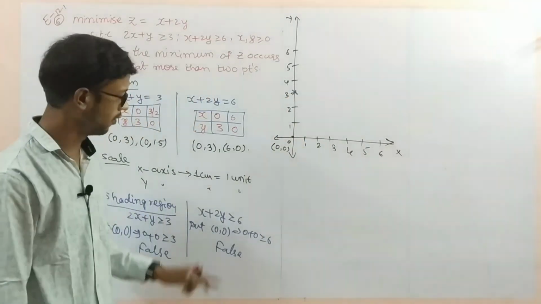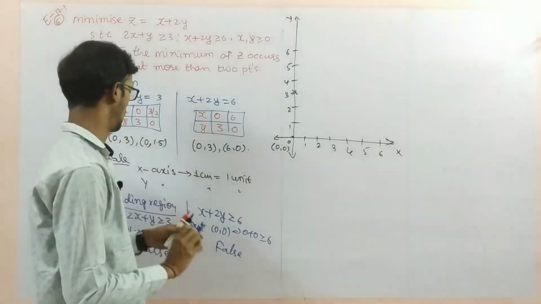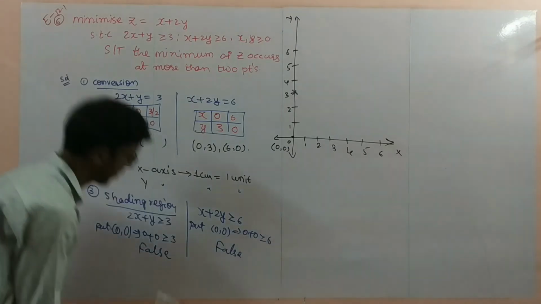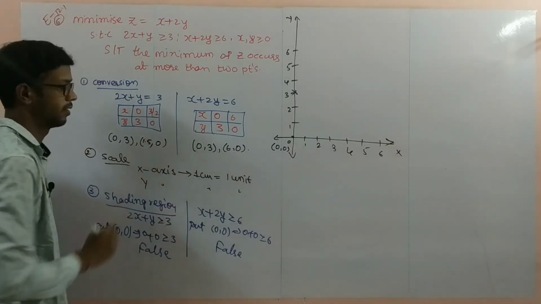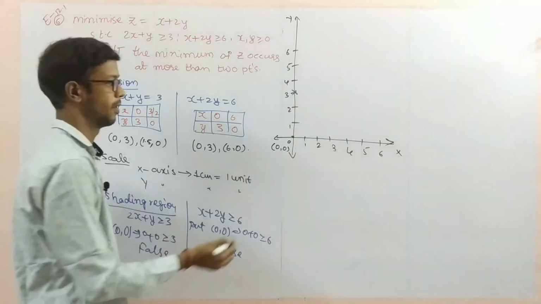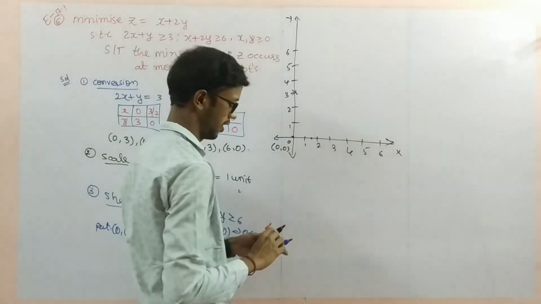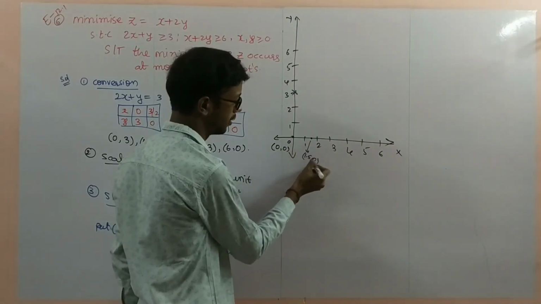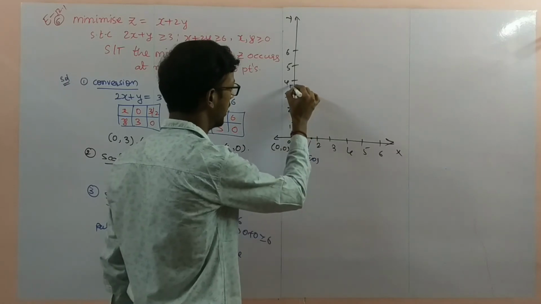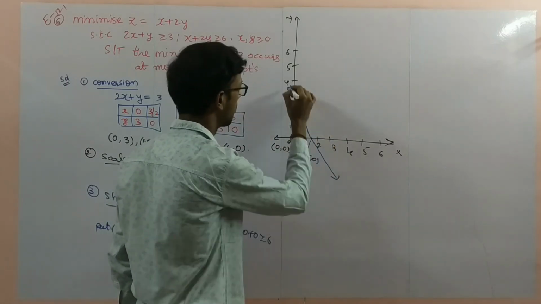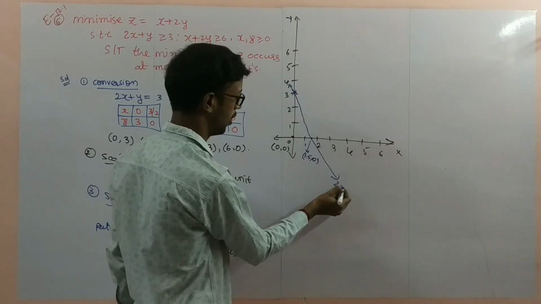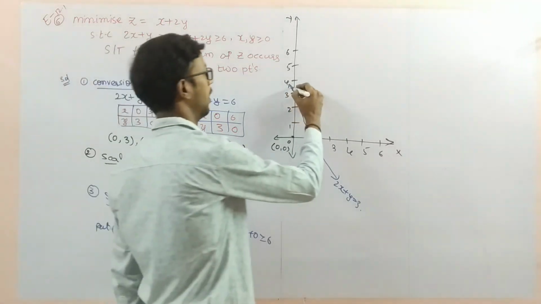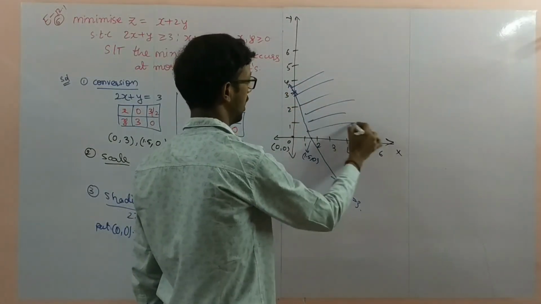Next, (1.5, 0): x is 1.5, y is 0. Now join the 2 points by a line. This is the line 2x plus y equal to 3. The shading region, excluding (0, 0), is above the line.